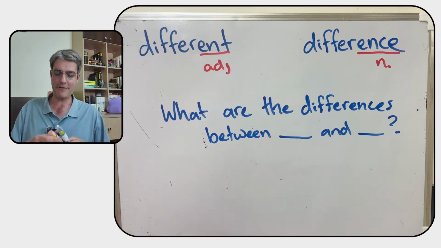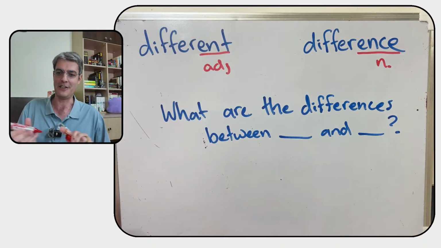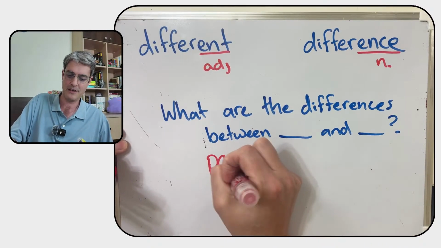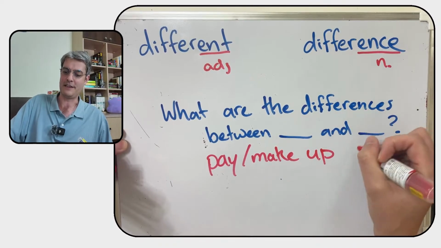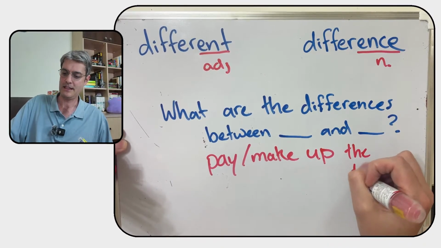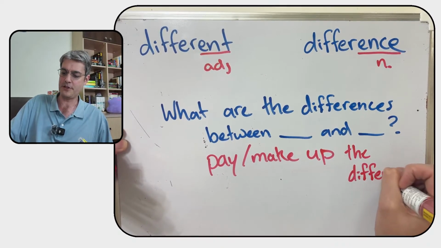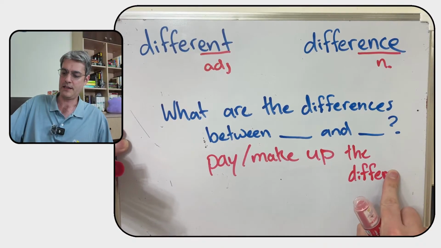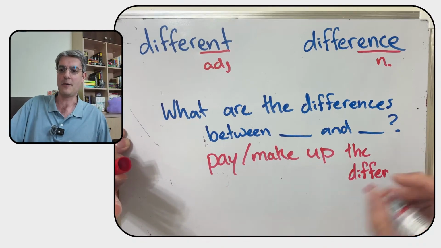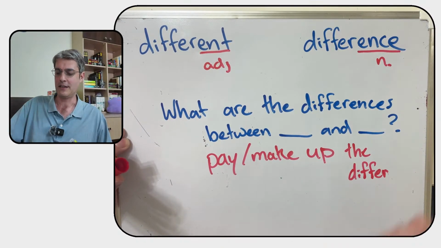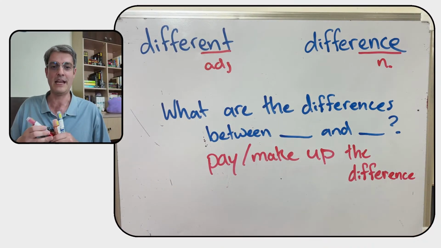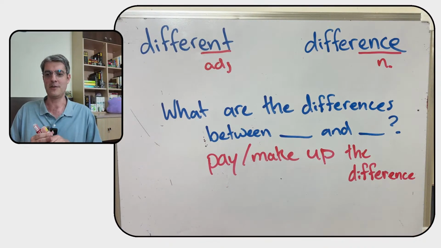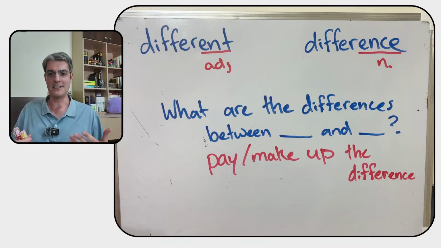And then we have a very useful collocation here. We got pay or make up the difference. And this one's really useful. You'll hear this a lot whenever there's a gap between what someone can pay and the remaining balance.